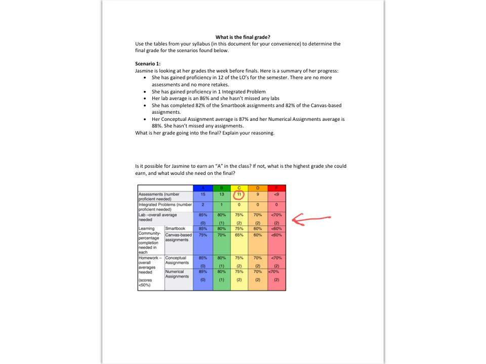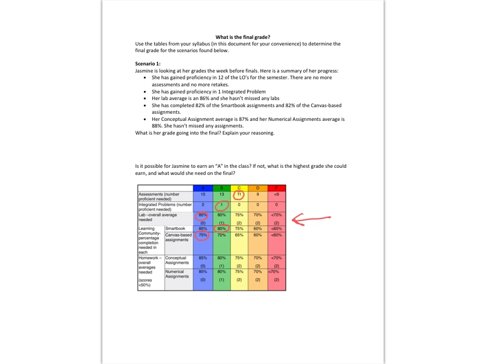She has 1 integrated problem proficiency, so that's at the B level. Her lab average is at 86. She hasn't missed any labs. She has completed 82% of the Smart Book assignments, so that's at the B level. She's completed 82% of the Canvas assignments, that's actually at the A level.